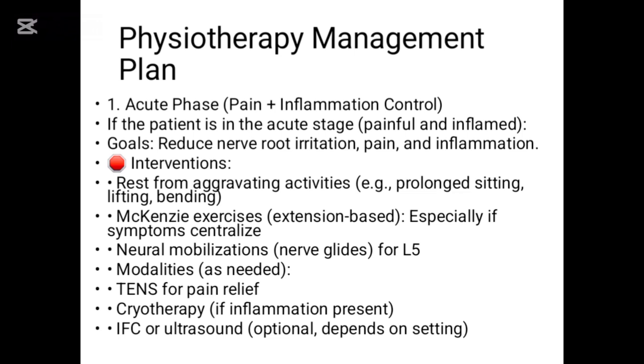Moving to nerve glides is the best option. The basic principle is that they tense the nerve and release it. Sciatic nerve glides can be done through the SLR, adding dorsiflexion, along with the slump test. An electrical muscle stimulator can also be used.